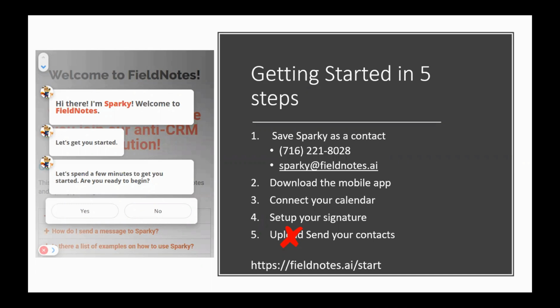So that is the phone number and the email address to save Sparky as a contact in your phone. The idea is once you have Sparky saved as a contact, you would just communicate with it like you would a real life personal assistant or an actual human being that you save as a contact in your phone.